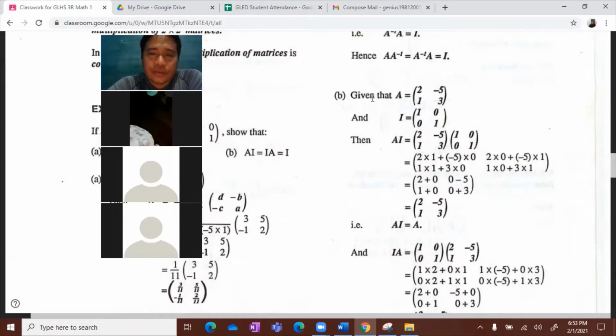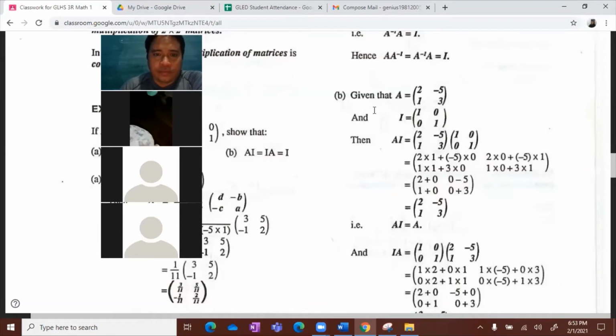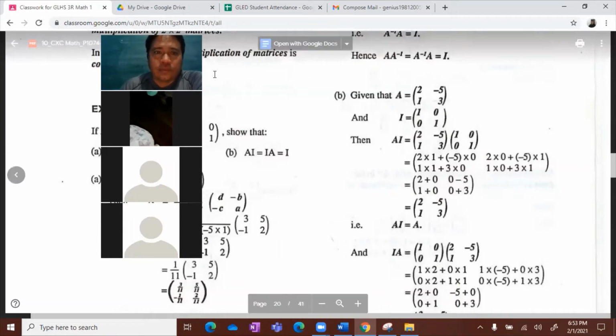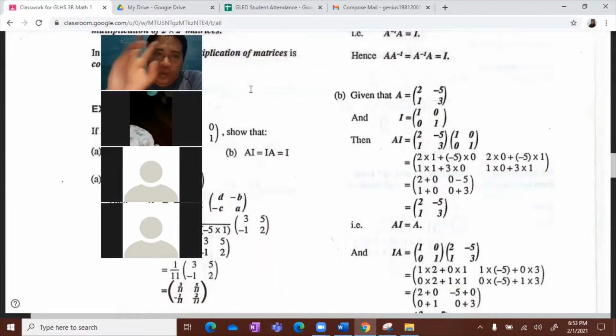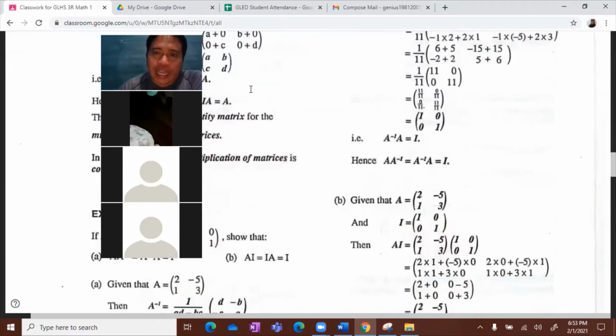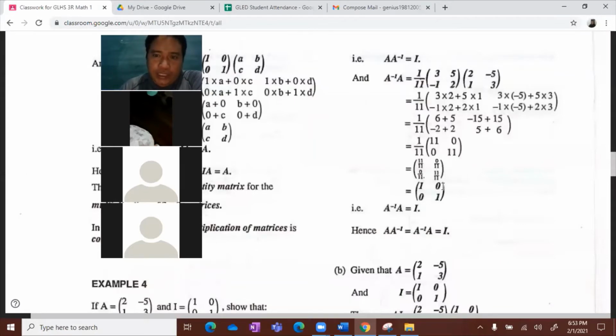Sir, so literally what you are showing here, finding the inverse, will give you back the same numbers at the top, the given numbers? Yeah, like I said, it's the two properties. One, where the inverse times the matrix will always give me the identity, 1, 0, 0, 1. That's the first property.